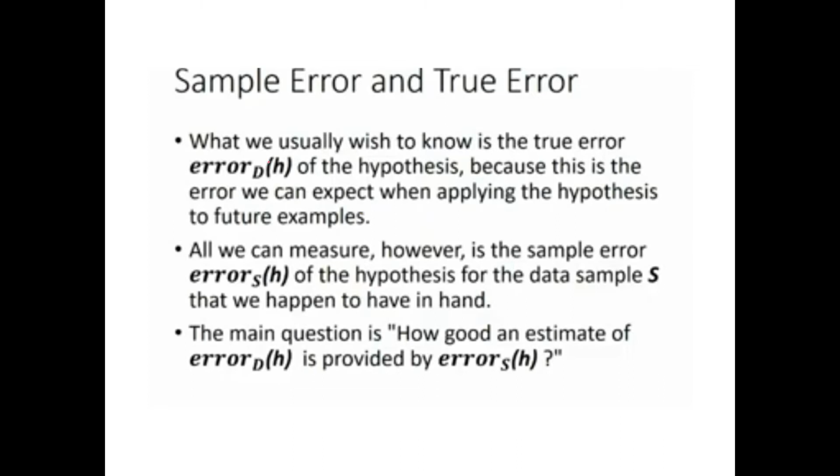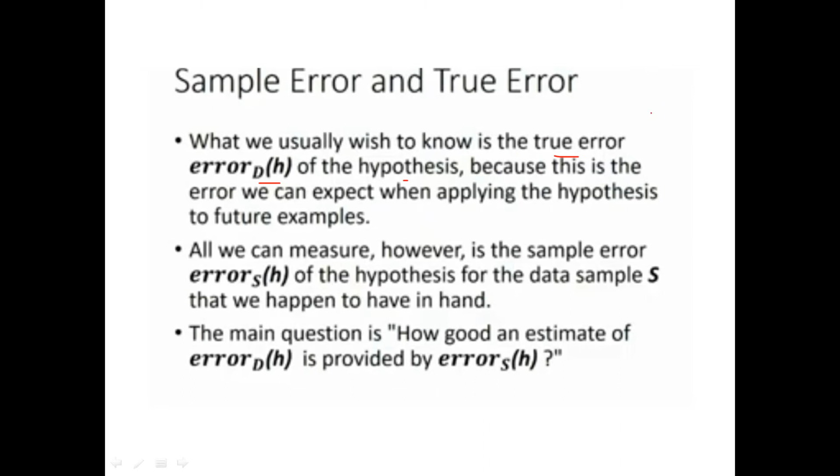So what is it that we usually wish to know? When we are talking about estimating the accuracy of our hypothesis, we wish to know the true error, that is error D of H of the hypothesis, right? We actually want the true error.